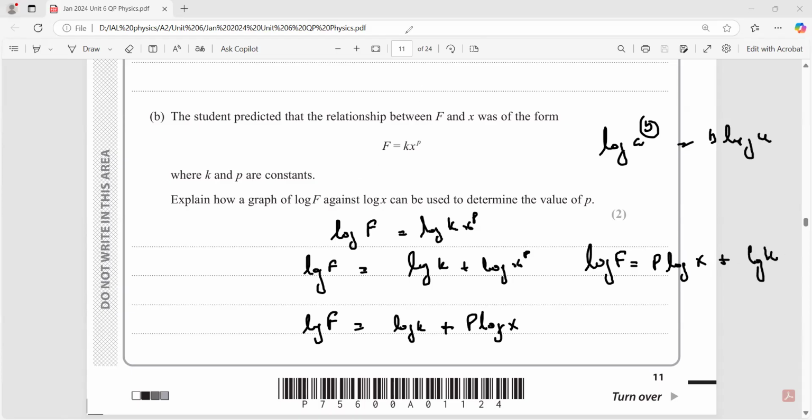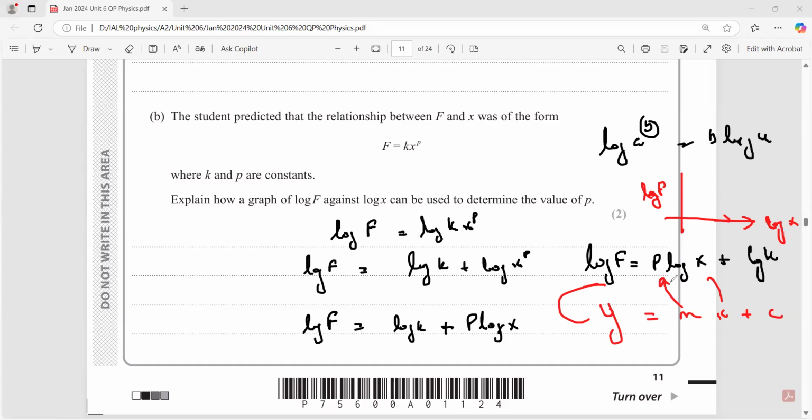We want to determine the value of p, so we use the equation of a straight line, y equals mx plus c. On the y-axis I plot log F, and on the x-axis I plot log x. What will my gradient be? My gradient will be equal to p.